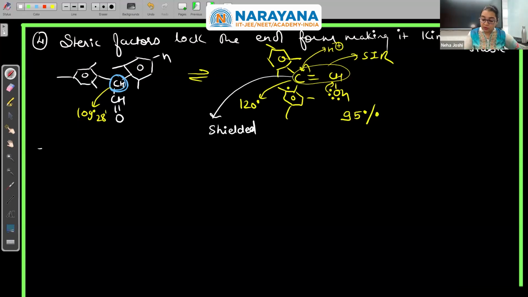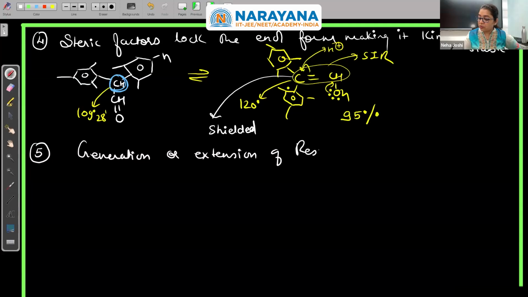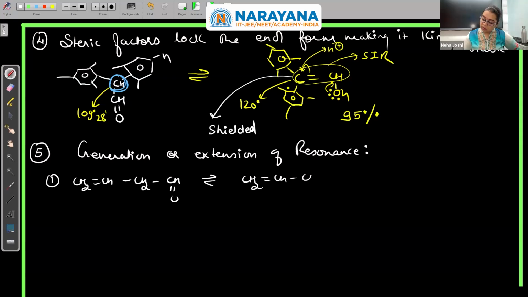Now, fifth observation is when there is a generation or extension of resonance. So it was either not there, there was no resonance. For example, CH2CHO. Now, when this forms enol, resonance is generated.